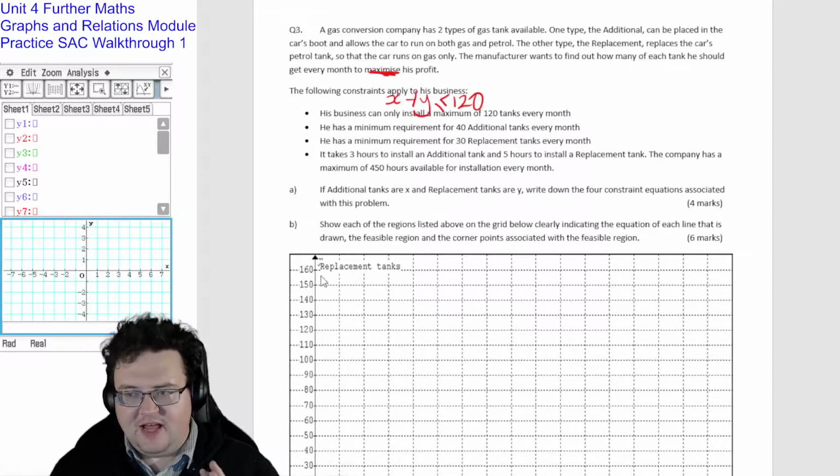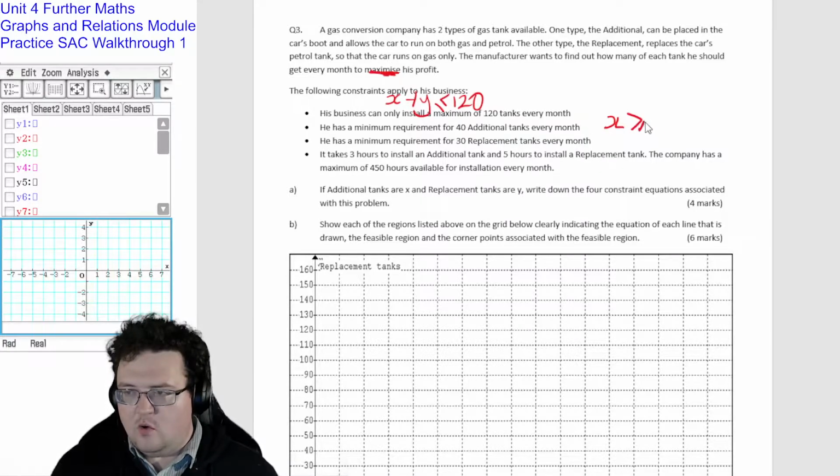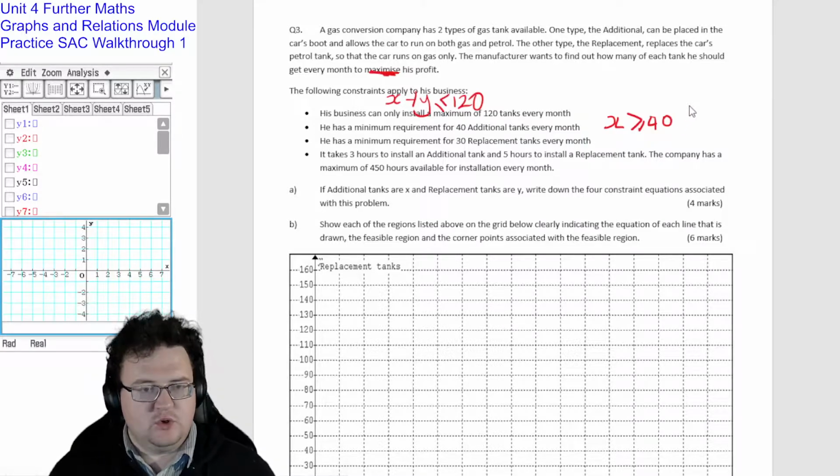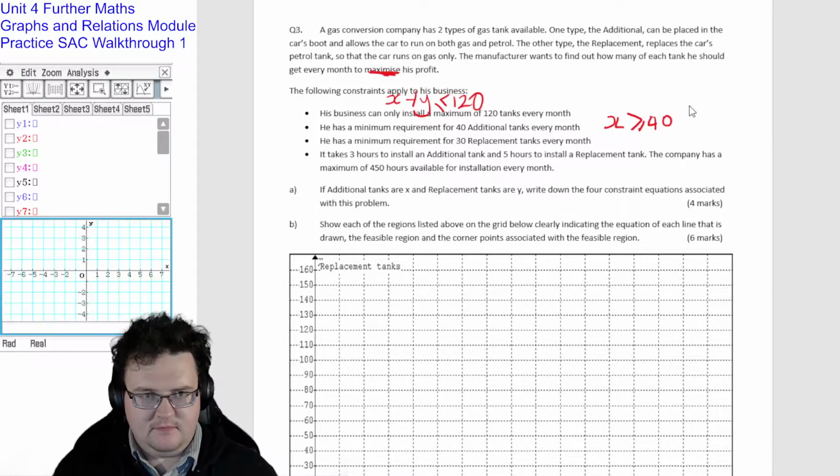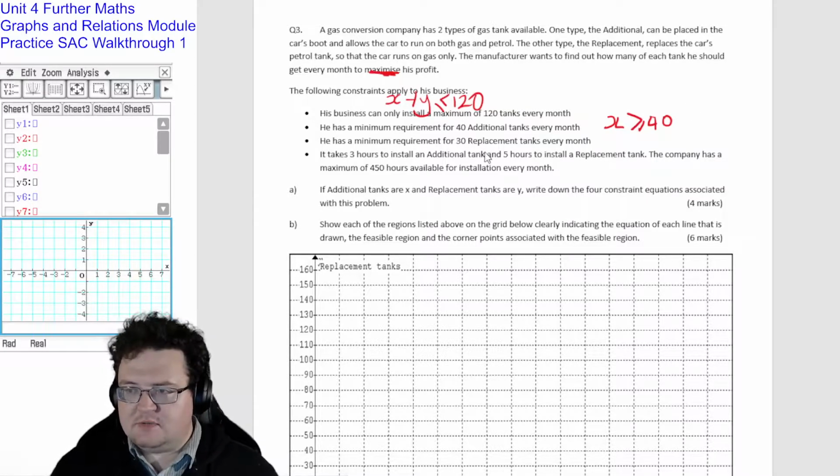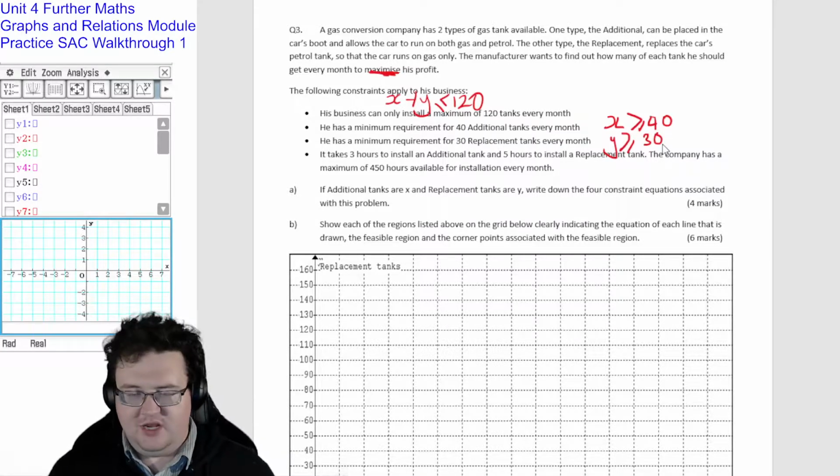So that means if additionals are X, then X must always be greater than or equal to 40, because we're talking about a minimum of 40, at least 40. And then because replacements are Y, Y must also be greater than or equal to 30.